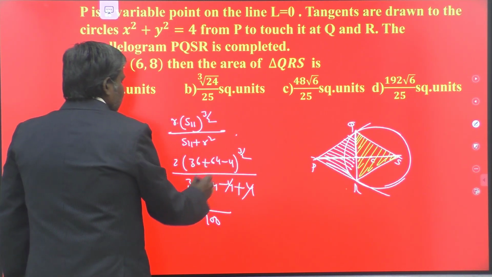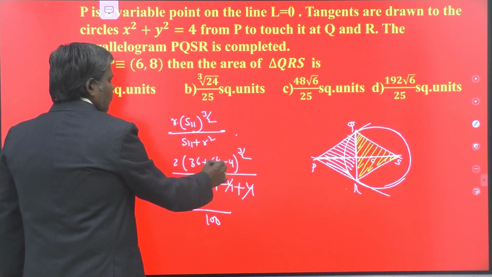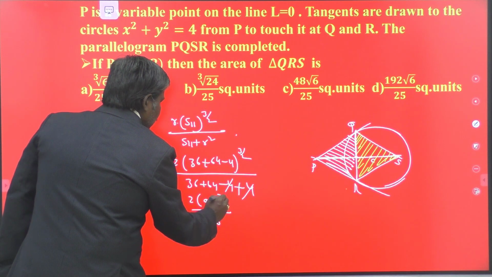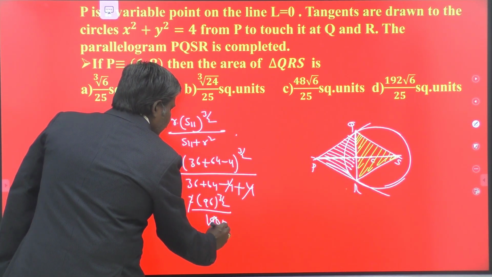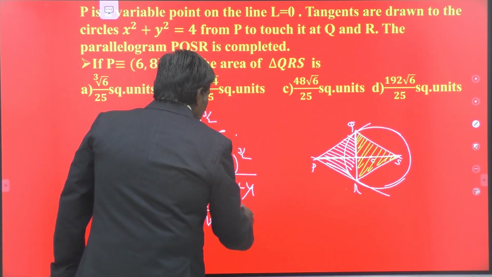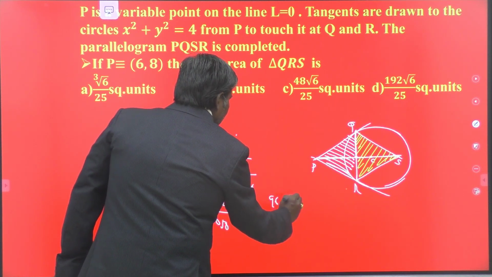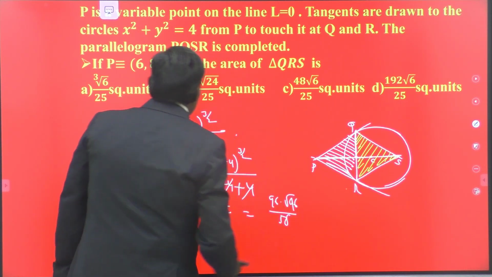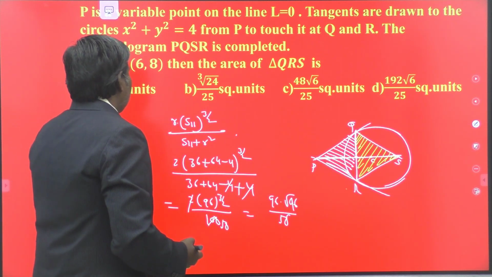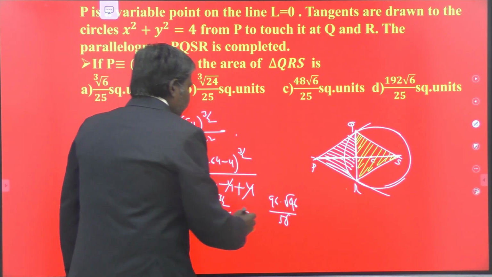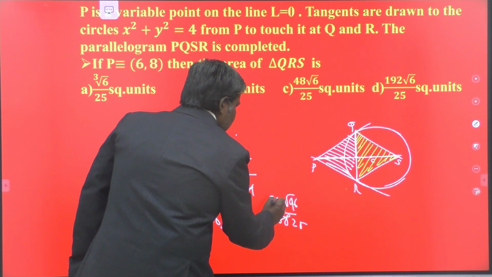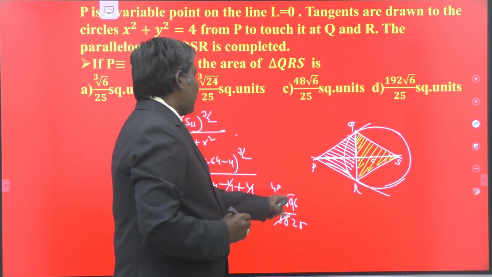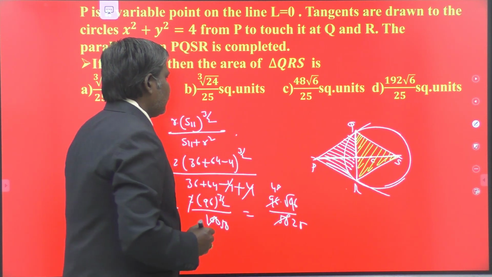2 times 96, this is 60 plus 36, that is 96. 96 whole power 3/2, it cancels out: 2 times 96 into root 96 by 100, that is 96 into root 96 by 50, which is 48 into root 96 by 25.